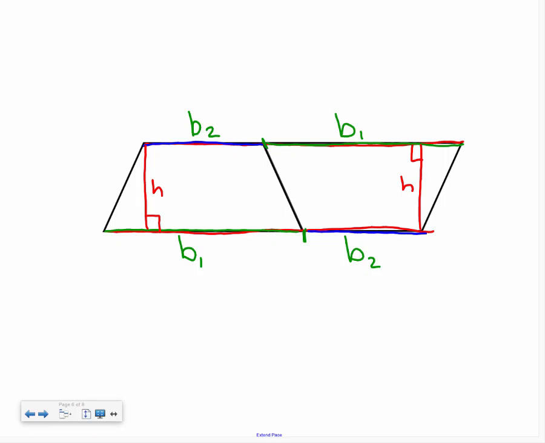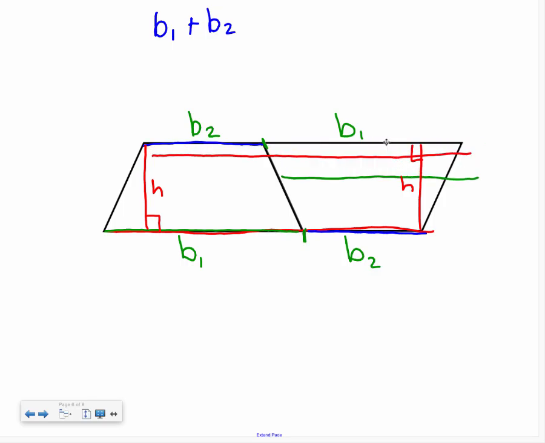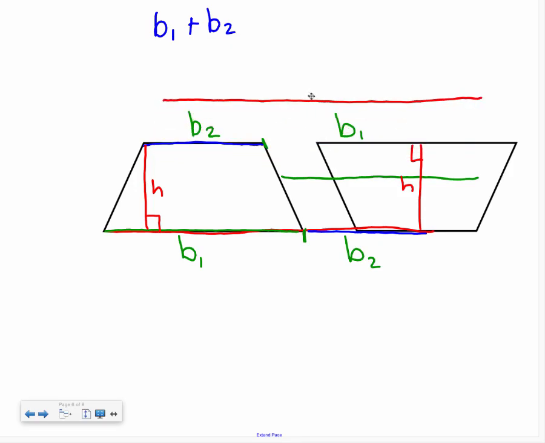So if we're going to use the parallelogram formula, the entire base would be adding up our 2 bases. So I would have to take the base 1 plus base 2. Again, if I were to separate these out, if I were to move that trapezoid away, we would have just base 1 and base 2 as the bases of our trapezoid.